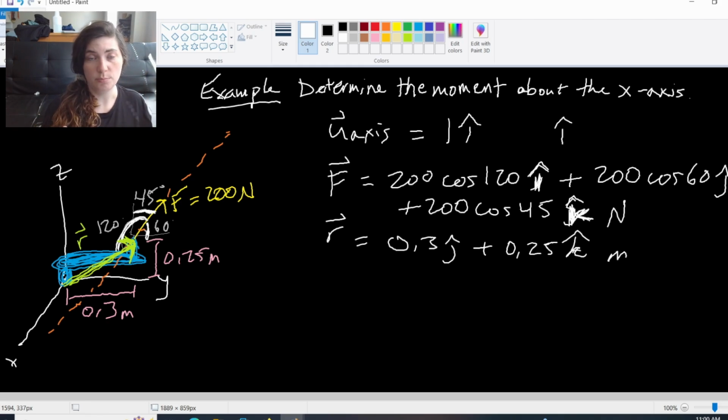Perfect, so that's the first step. We have that down. Now we need to actually find the moment.